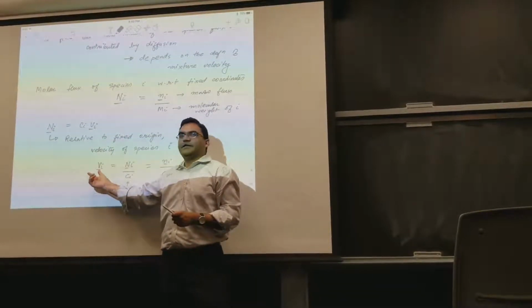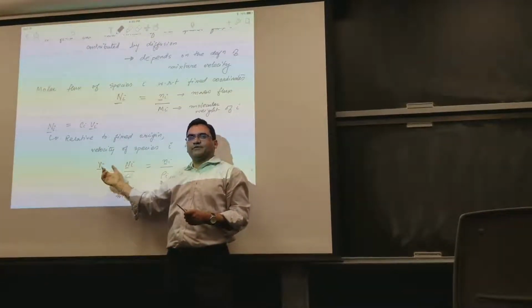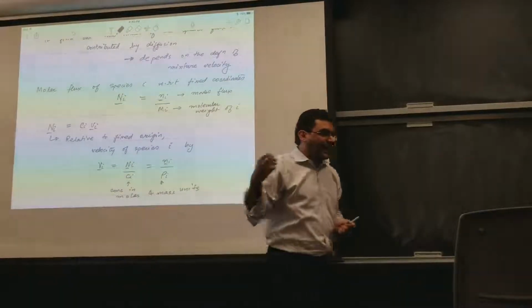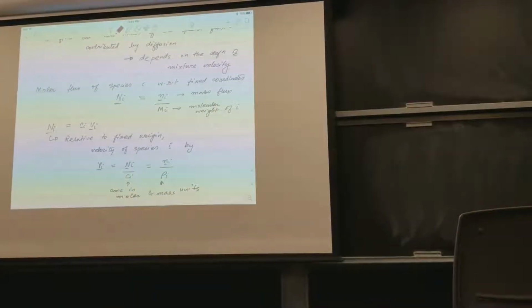So I could have a binary mixture, then it's just vA and vB, where vA is the average velocity of all A molecules, vB is the average velocity of all B molecules, and then depending upon whether I use concentration units or mass units, I end up with different average velocities.